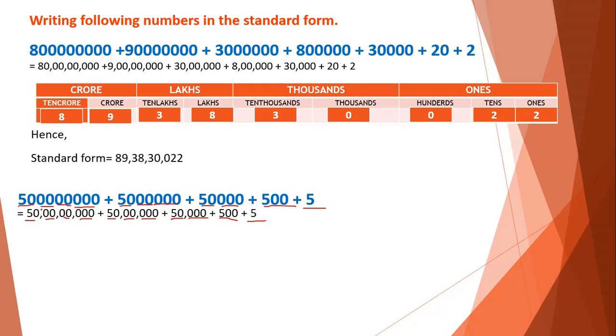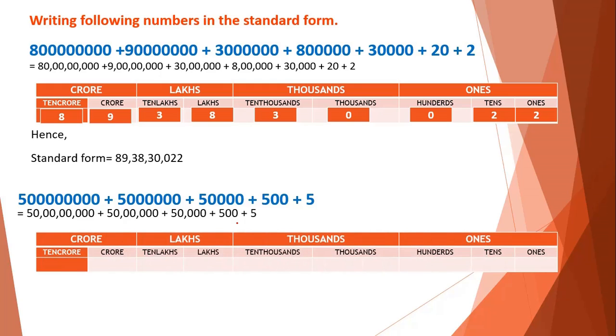Next we need to draw the place value chart. I drew the place value chart like this, and we drew the place names and periods also here. Now I will start arranging these numbers in the place value chart, starting from the lowest number to the highest number.